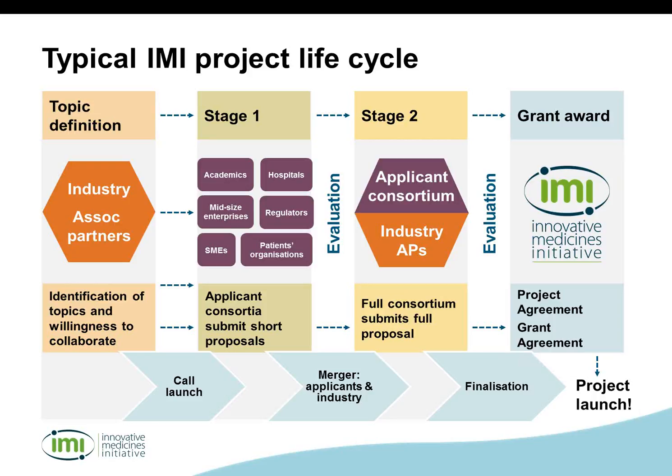So as long as the evaluation is positive, the consortia receive a green light to enter into grant preparation phase, where they discuss their project agreement, and eventually they sign the grant agreement and the project starts.